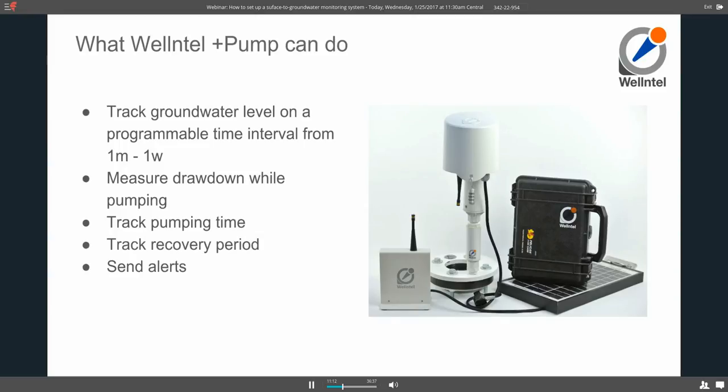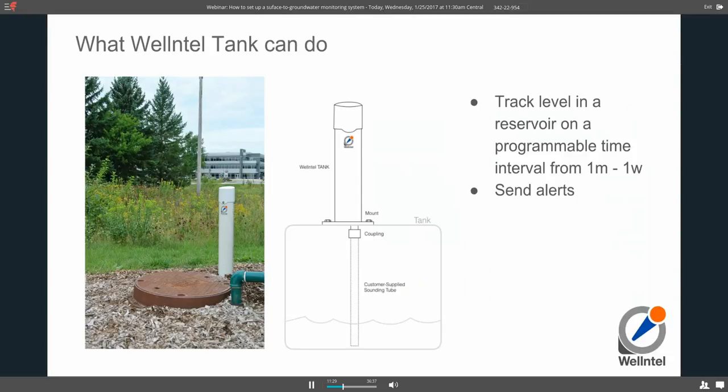And we can track recovery period, that is, how long it takes for the well to recover after drawdown from pumping. And on all those essentially metrics or data type levels, we can program and send alerts from this system.